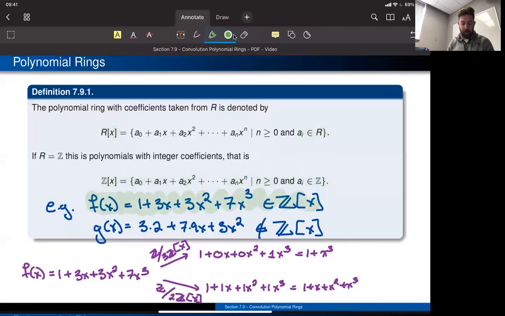Whereas this other polynomial g, which has 3.2 as its initial coefficient, you can see that's not an integer. So right from the get-go, I know that it does not live in Z bracket x. It would live in, let's say, R bracket x if I allowed for real-valued coefficients. But here we're only allowing integers, so that one is out of the running, which is good.